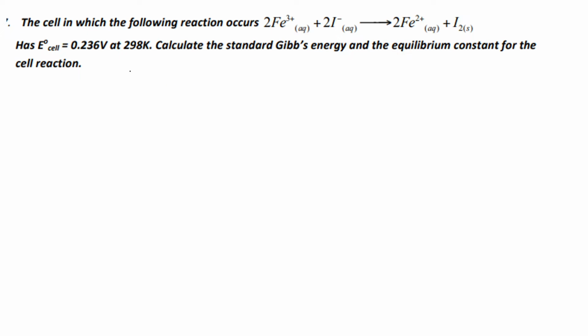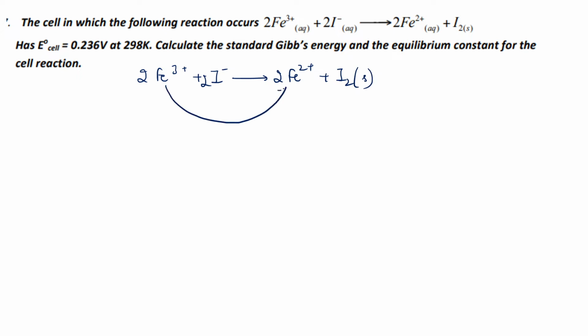So for this reaction, 2Fe3 plus ions along with 2I minus are converting into 2Fe2 plus and I2. Here you can see iron 3 is going into iron 2, a change in oxidation state of 1.